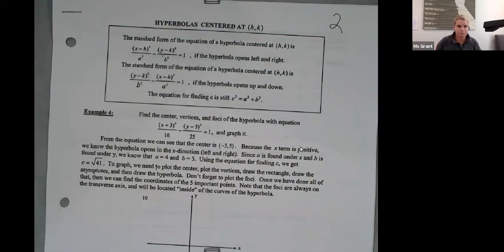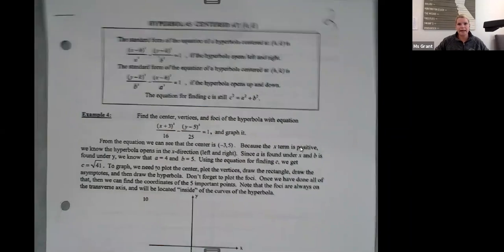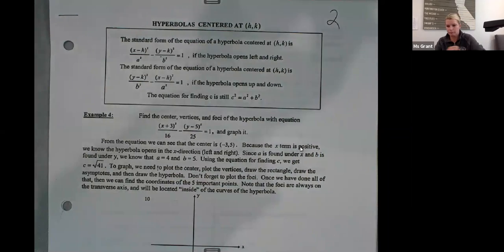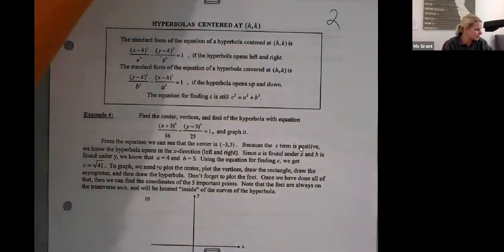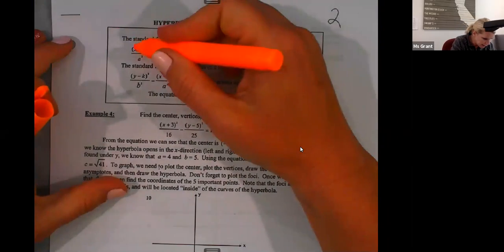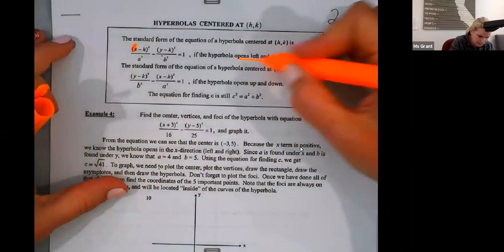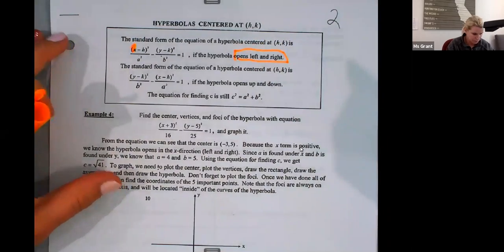My leading variable will tell me the direction that the hyperbola opens. So an x squared leading means I'm going to have it open left and right, right?